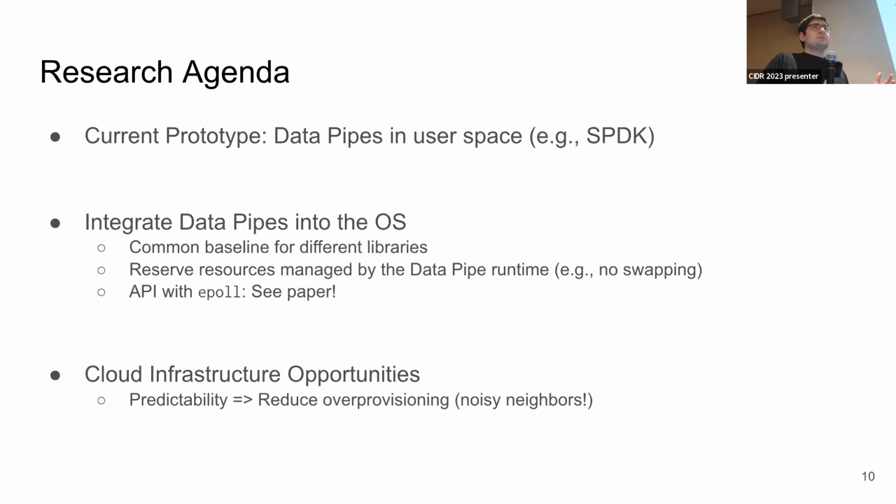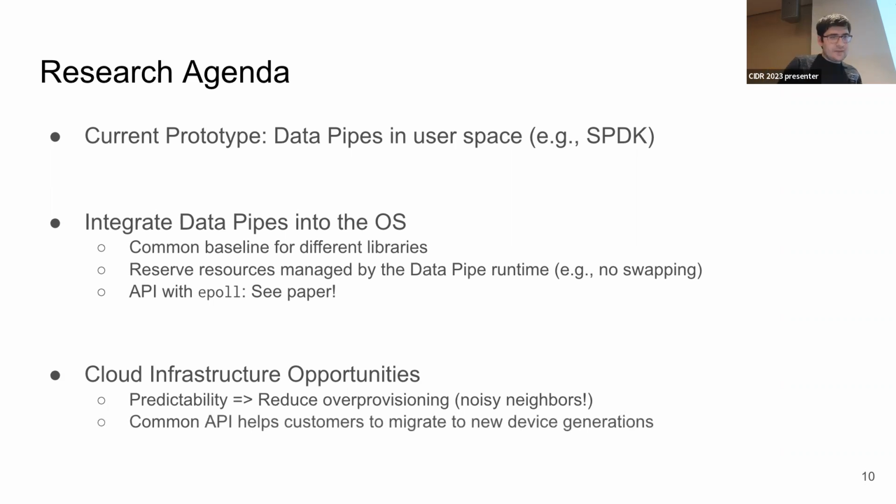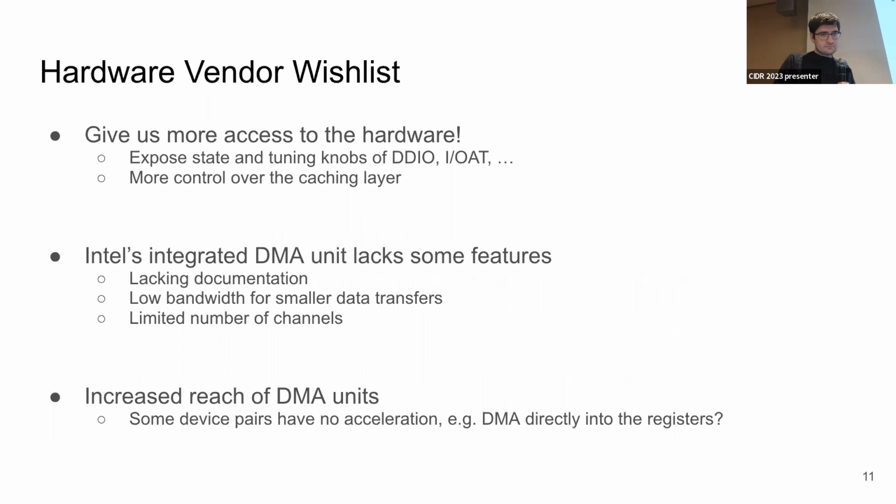And this means you don't have to deal with noisy neighbors as much and overall have less over-provisioning. And secondly, data pipes could also be some kind of common API, either exposed to the customer or as some kind of middle layer, which would also help you in the long term to migrate to new device generations. If Intel changes something under the hood, you still have this common abstraction left.